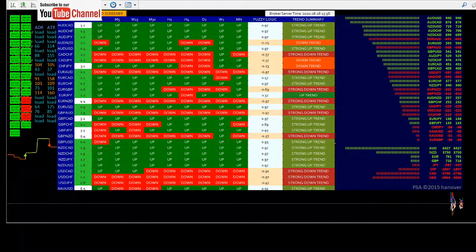Why wouldn't you take this? It looks perfect. Next zone looks pretty easy to fill. If we have also a 4 hour breakout, it would be even better. Also, we're going for a wick fill on the daily. Lots of confirmation for us that this can be a very good trade. Also, if the 4 hour closes above, that would be even better, if we want to be very, very sure to take this.